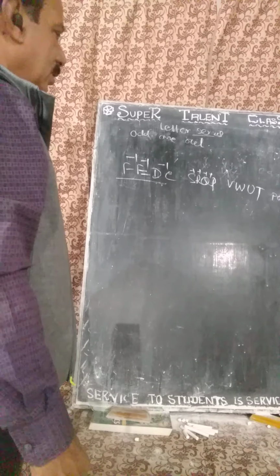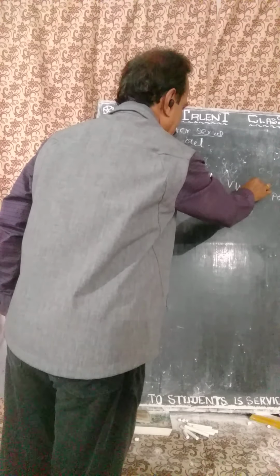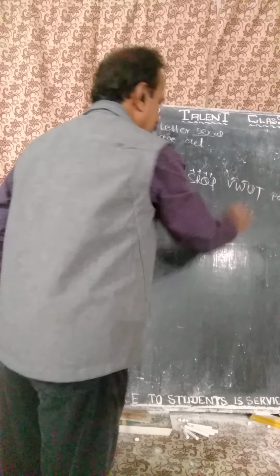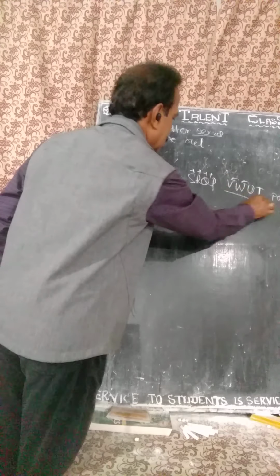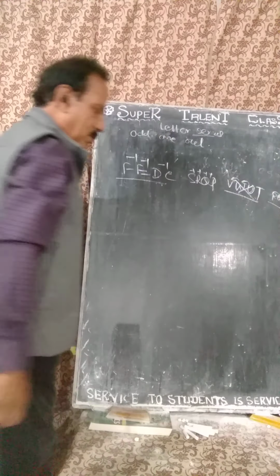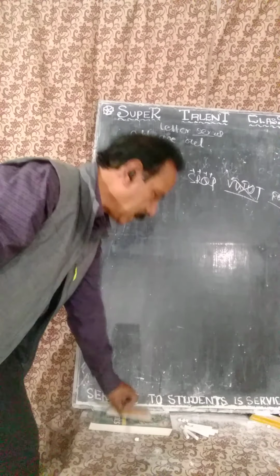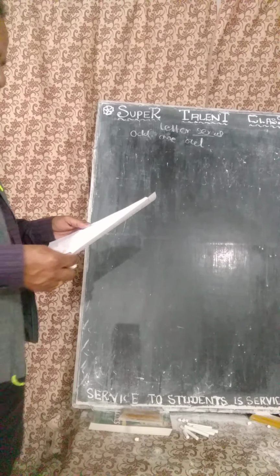Here you see U, V, W, T. So U, V, W is not right. This is wrong, not justified, and the others are justified. Out of three you can find the answer. So no problem with minus 1, minus 2, plus 1, plus 2. Like this you will get it.